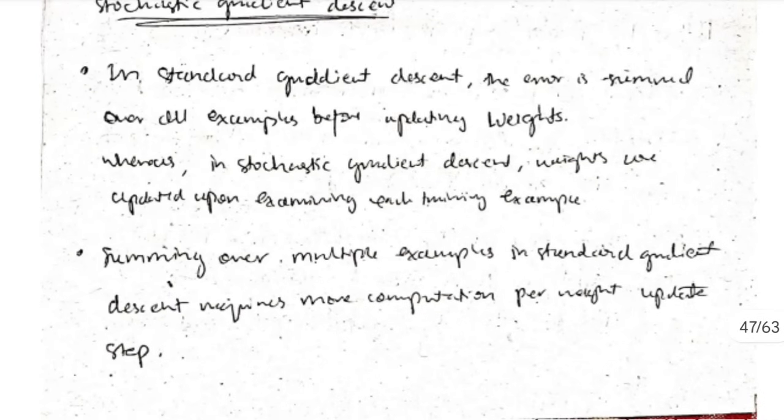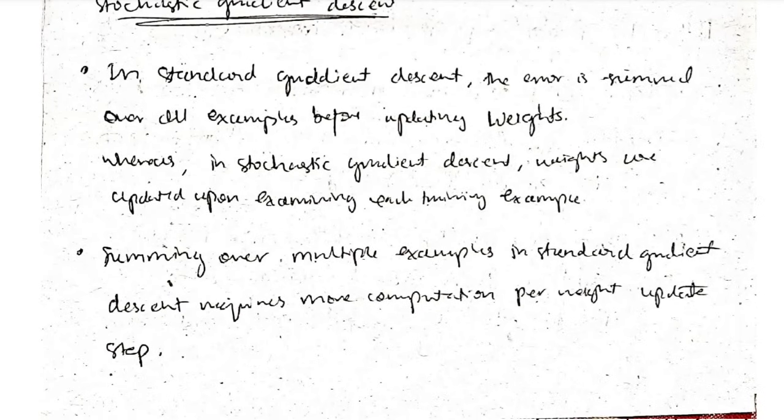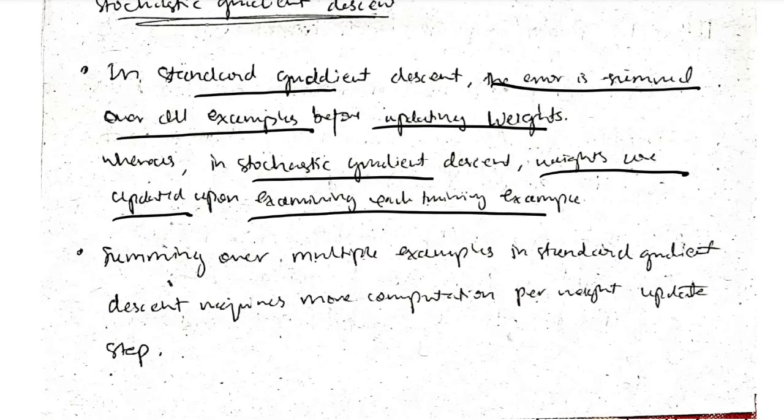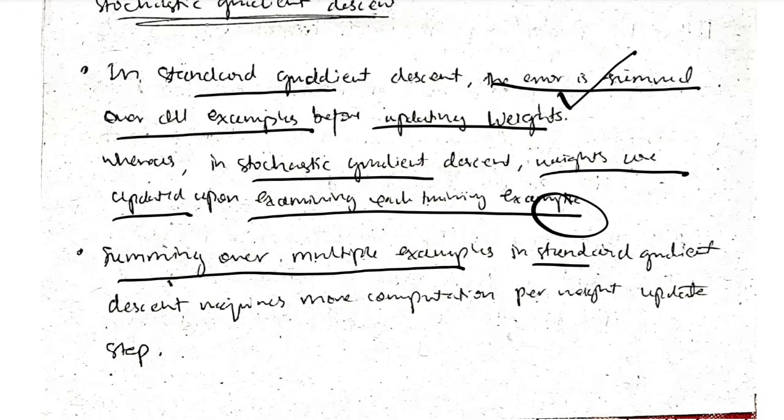If you ask me about the differences between both of those, in the standard gradient the error is the summation over all the examples before updating weights, whereas in stochastic gradient the weights are updated upon examining each training example. Here all will be done, here after examining each it will be done. The second one is that summing over multiple examples in standard gradient descent requires more computation, and in the stochastic gradient, since it's a nicer algorithm, it requires lesser computation.